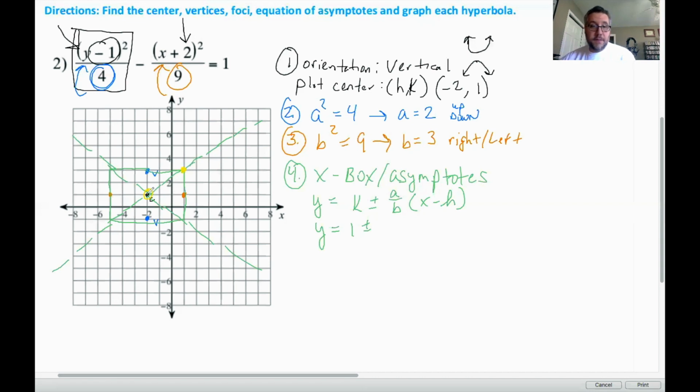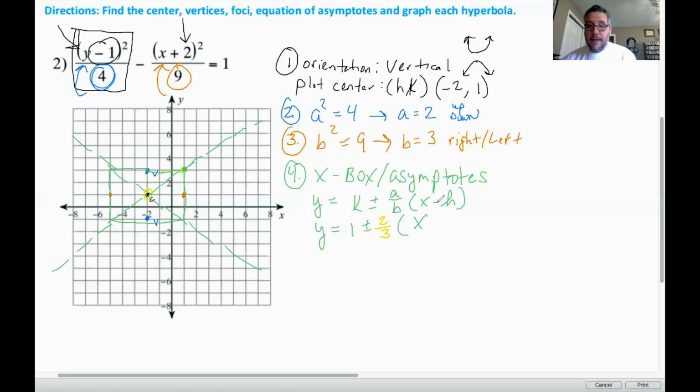So for this one, from the center, you go up 2 over 3. So that is your slope, or your fraction there. So you don't really even need to think about a over b. And this works for the horizontal ones too. Just start at the center and go rise and then run to the upper right corner of the box, and that will be correct.